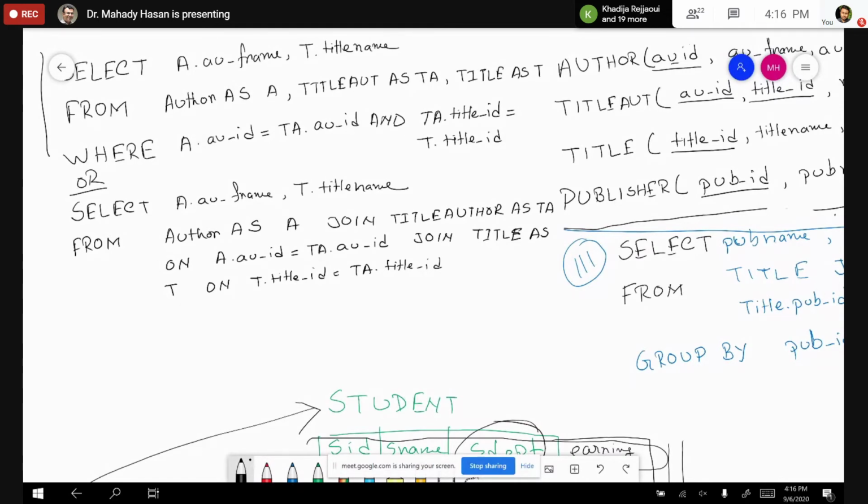That's it. So we can have these 3 lines or we can have these 2 lines.